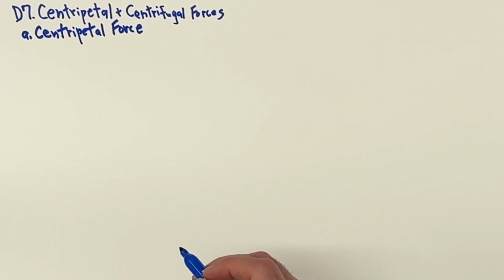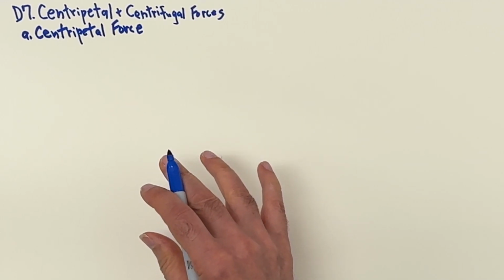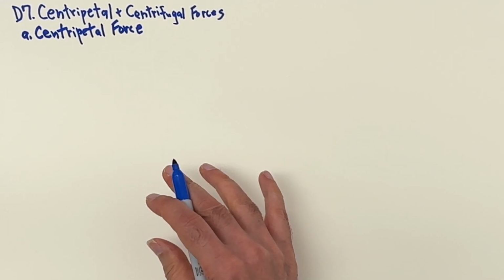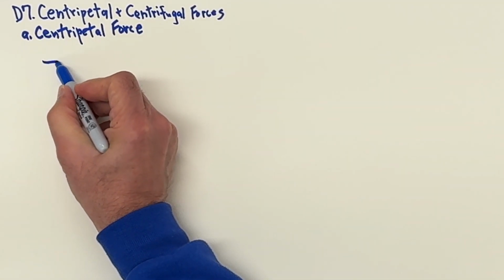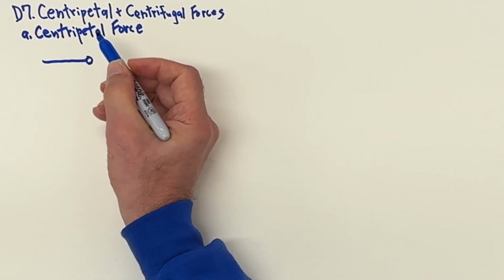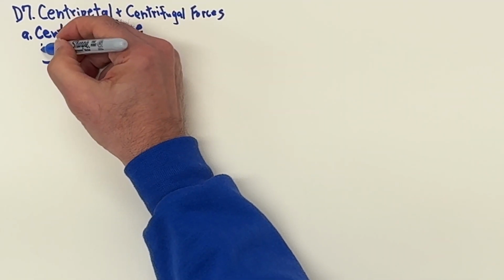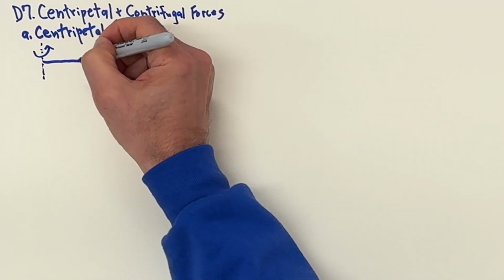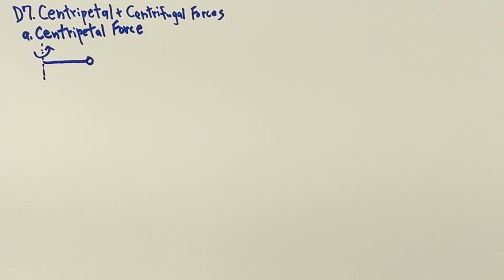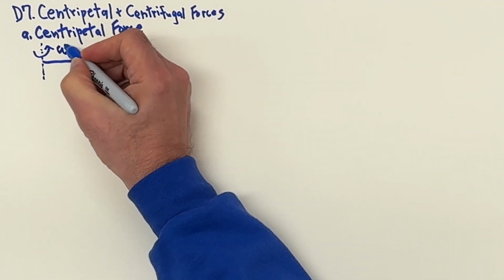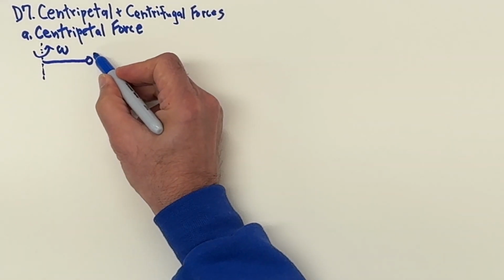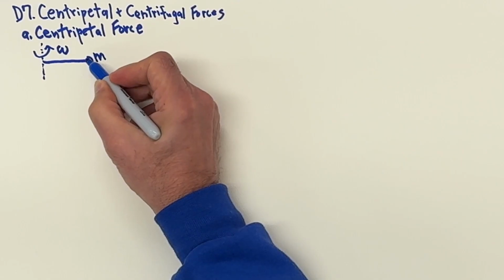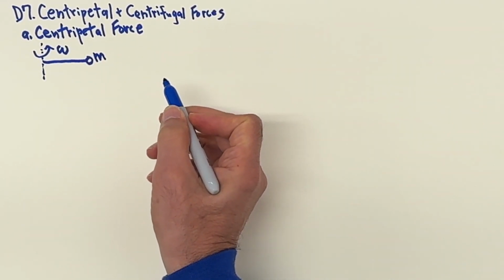Now this force I'm going to describe with a simple example of a string attached to a mass, and the string is going in a circle. We have here omega for the angular velocity, and we'll call the mass m, and the string is very, very light.